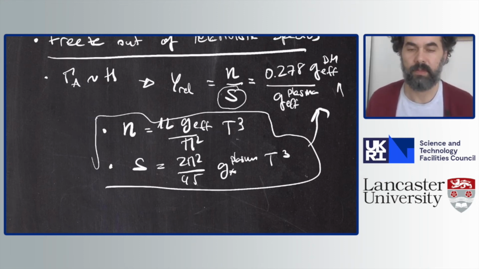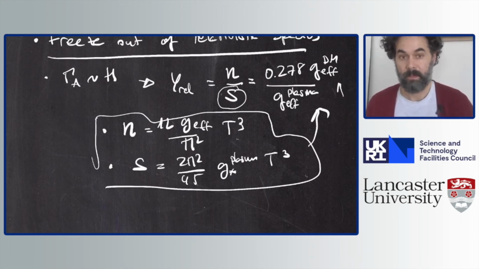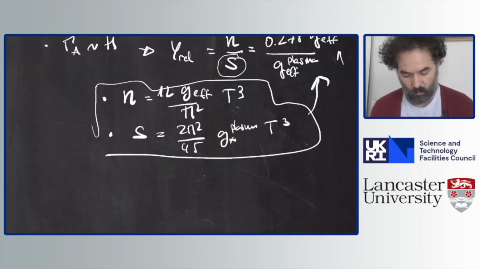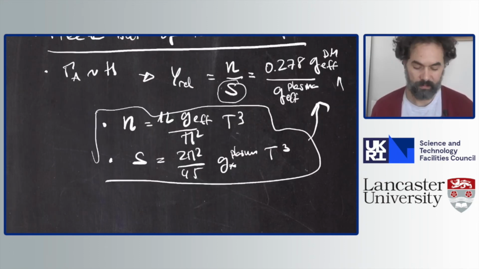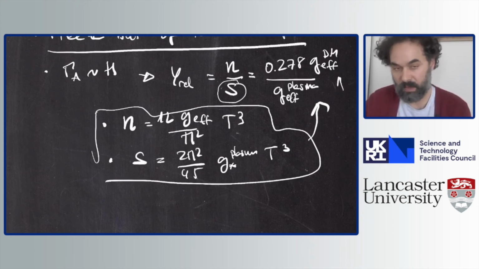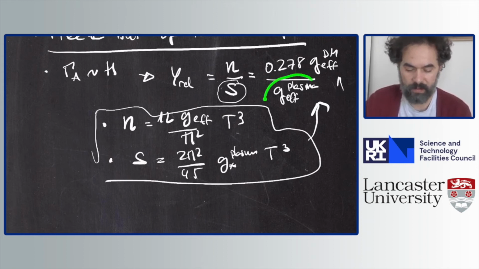All right, so let's continue. We now have a process that left equilibrium at a particular time, and there was a particular yield at this moment, which is encapsulated by the number of degrees of freedom in the plasma.